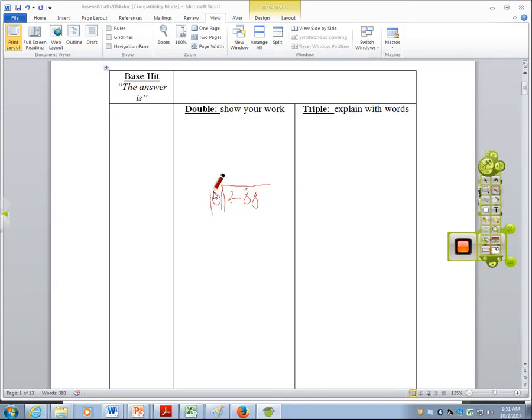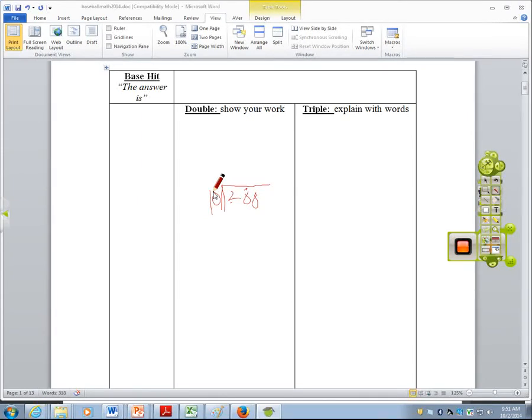What you need to do is 288 divided by 10, so how many times does 10 go into 28?